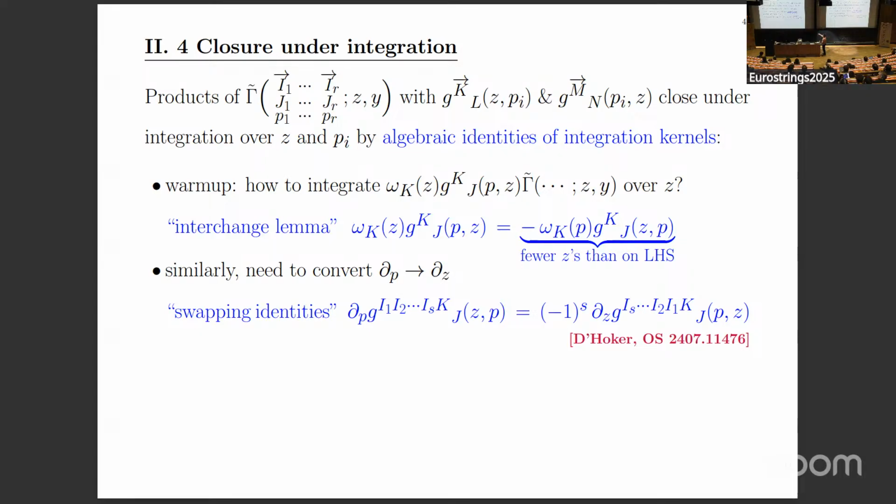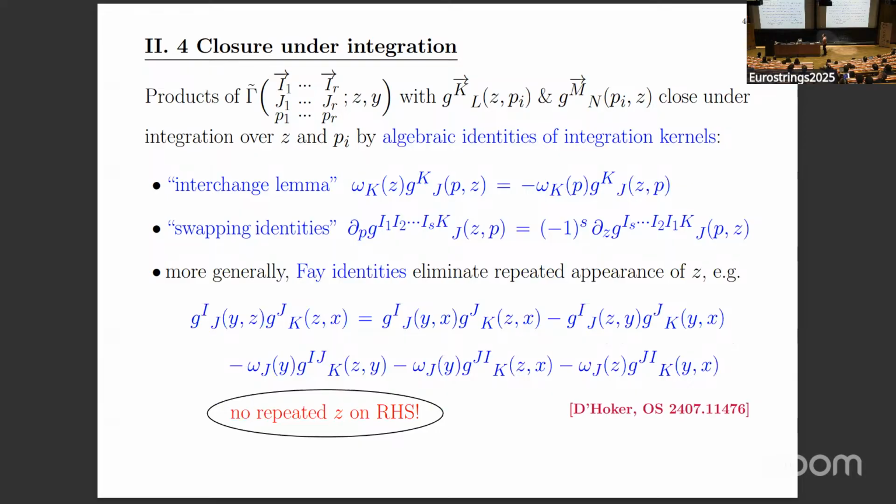Here's another example of such a functional identity, and they are more complicated identities, which also have free indices i and k here, and involve 3 points. This is what I advertised at the beginning as a higher genus incarnation of partial fractions.